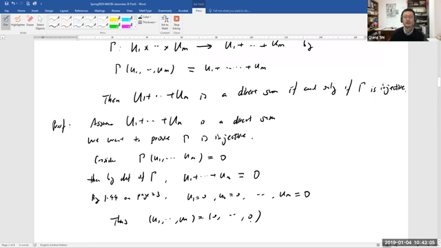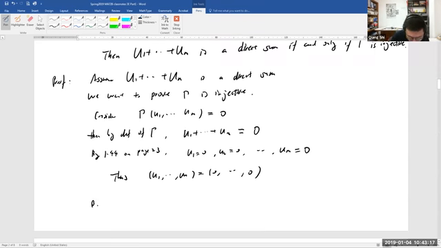So based on the assumption that we have a direct sum, we showed that if gamma of u equals 0, then u is equal to 0.